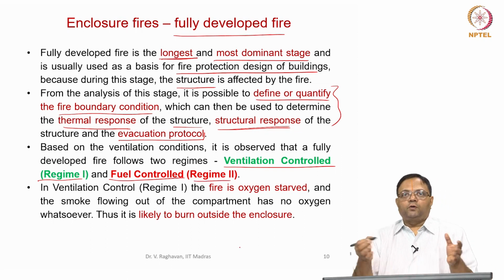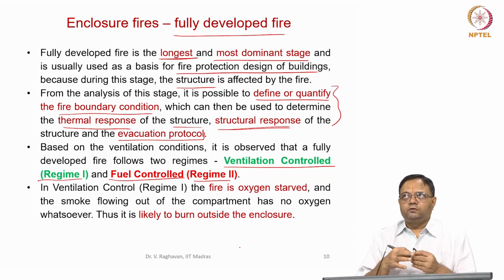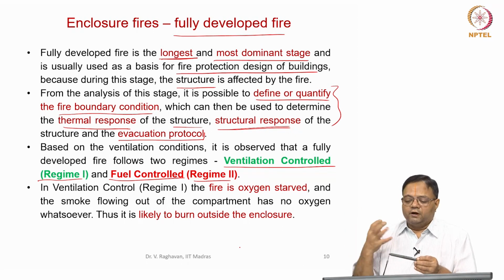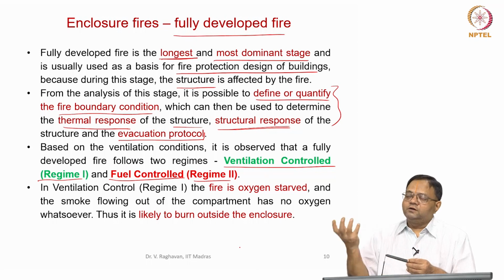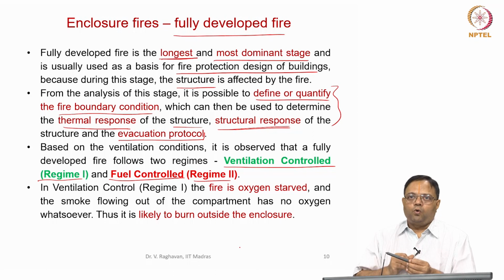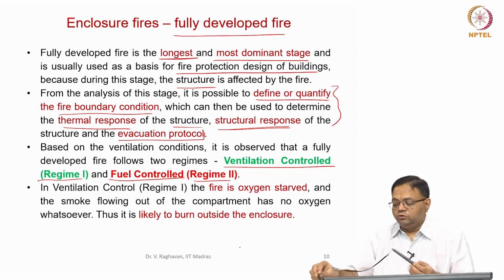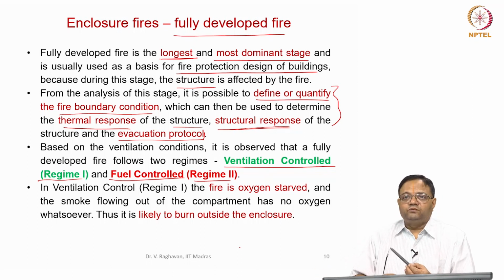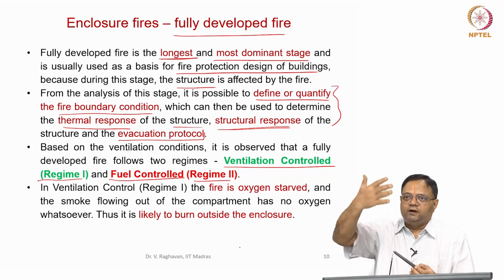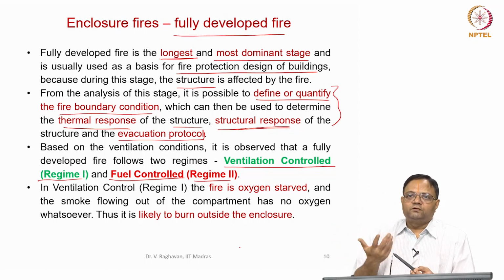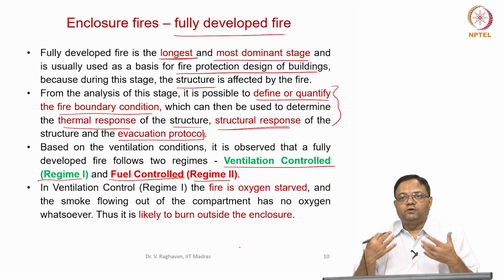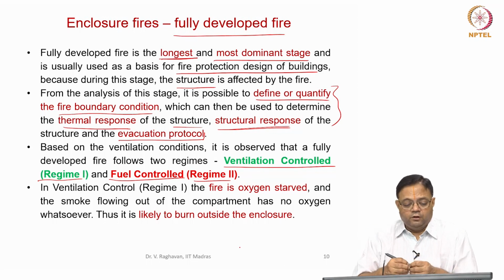So, all the commodities in the room are burning. There is either limited ventilation or good ventilation, say there are some 2 or 3 windows and the door is also open, etc. So, there are several scenarios. As we saw in the photographs, you can see that the front portion of the compartment itself is open, so that you can see the flame coming out, etc.